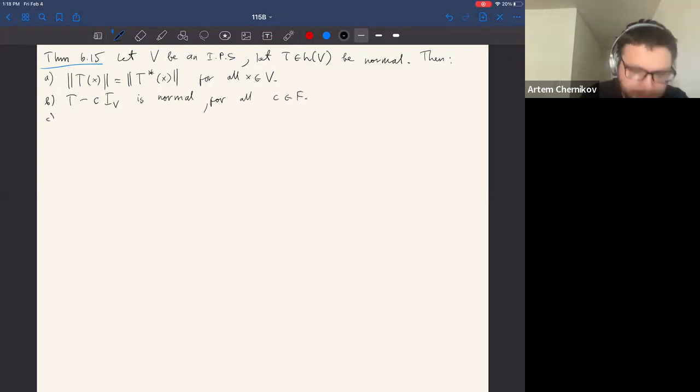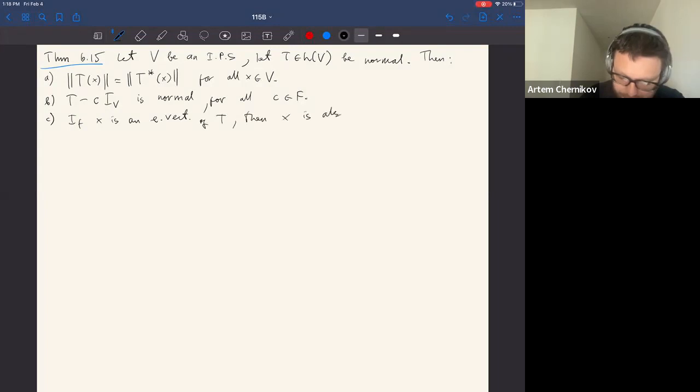The next property: if x is an eigenvector of T, then x is also an eigenvector of T star.